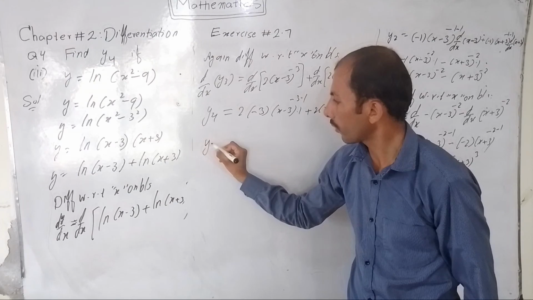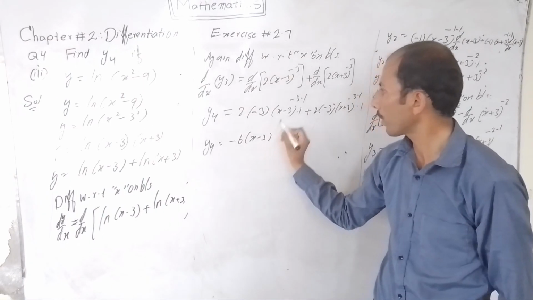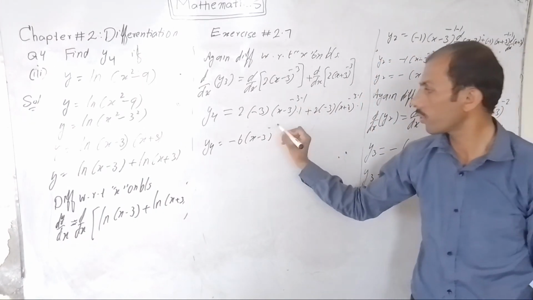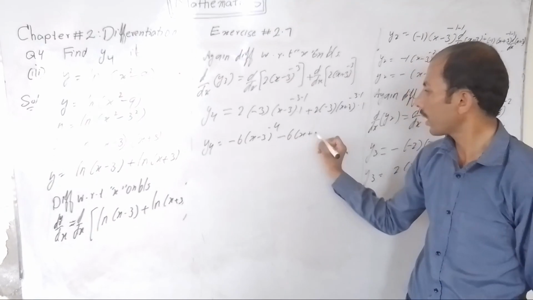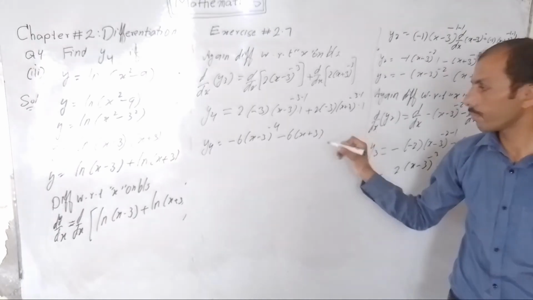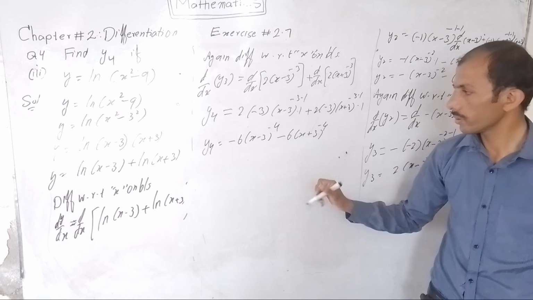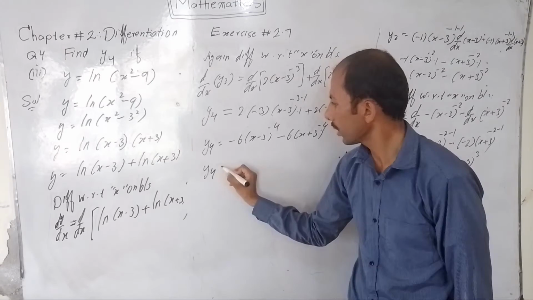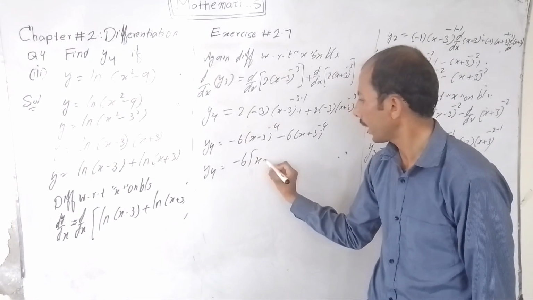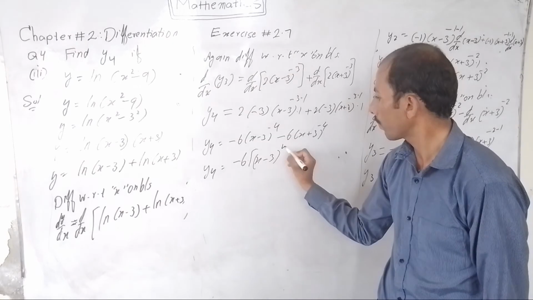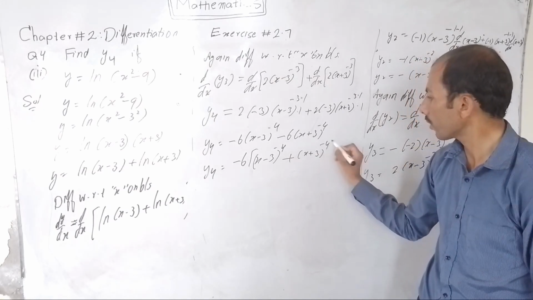So y4 is equal to minus 6 into (x minus 3) whole power minus 3 minus 1, which is minus 4, plus minus minus 6 (x plus 3) whole power minus 3 minus 1, which is minus 4. Taking common minus 6, y4 is equal to minus 6 into (x minus 3) whole power minus 4 plus (x plus 3) whole power minus 4.